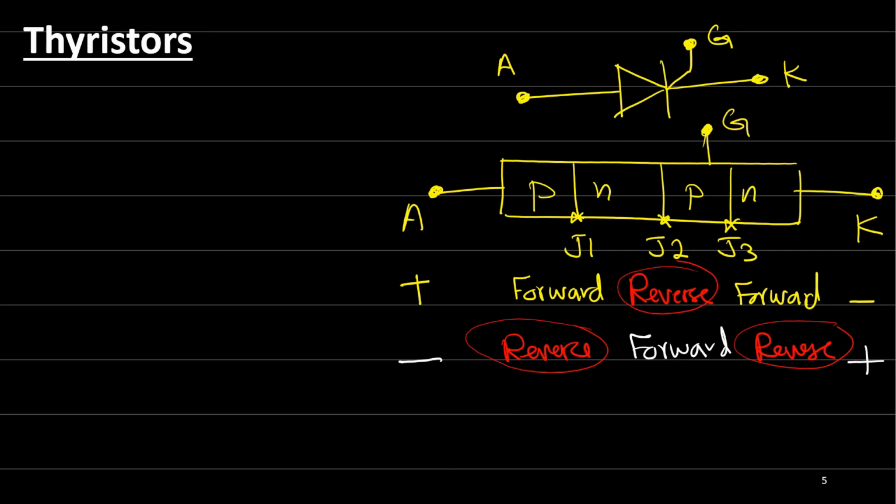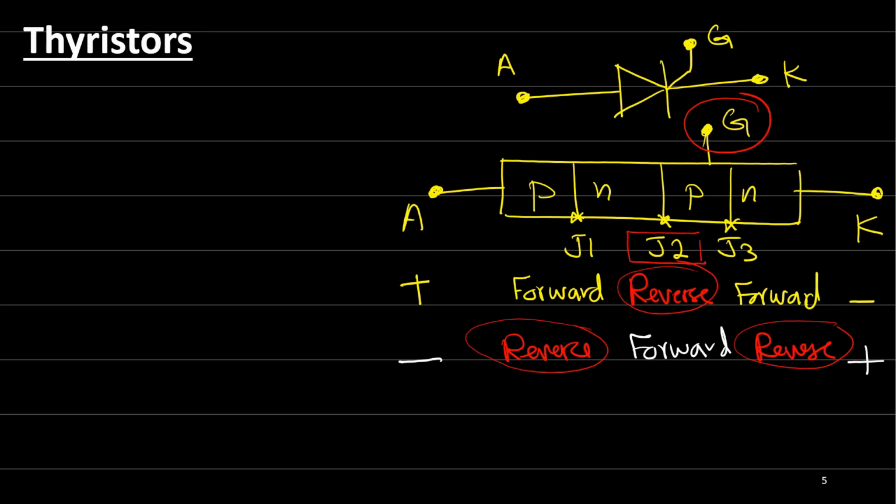The solution is to trigger this using the gate signal. If we apply current on this gate, what's happening at that moment? Then the junction 2 layer starts breaking and the current starts flowing in the circuit. This is in the case that we are in the forward bias, so we apply positive voltage and signal.